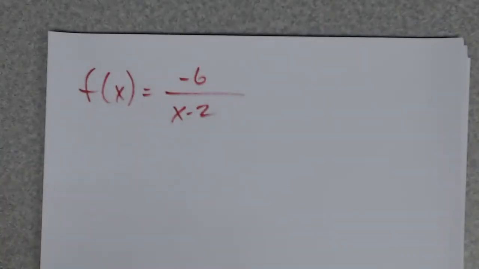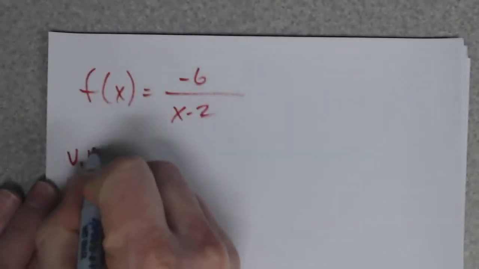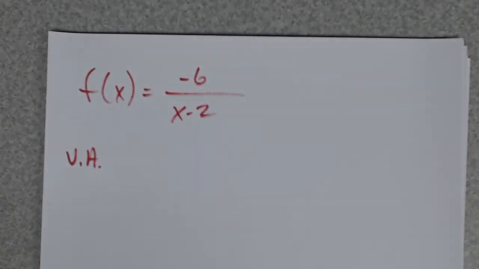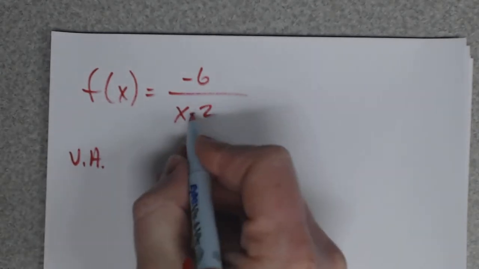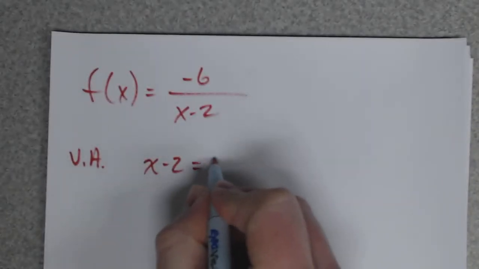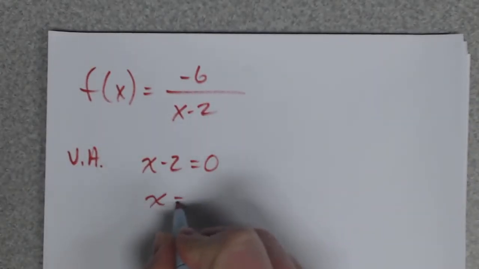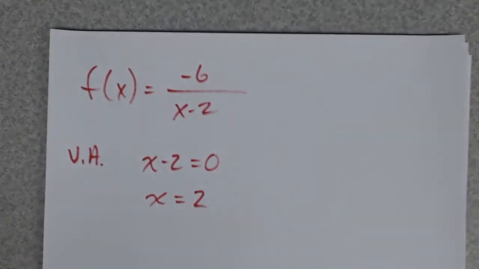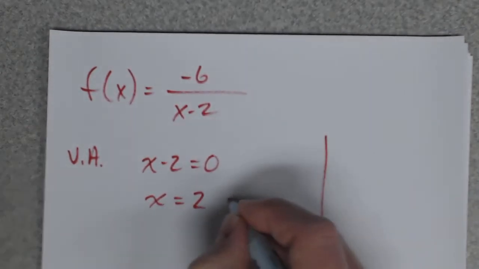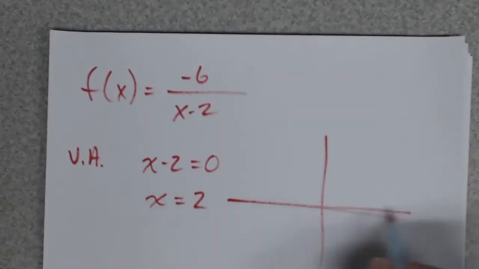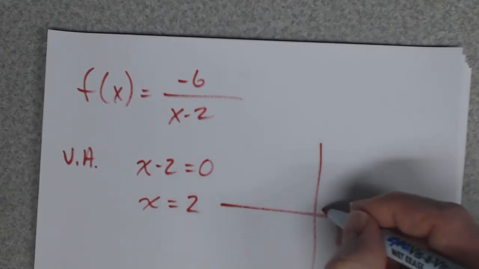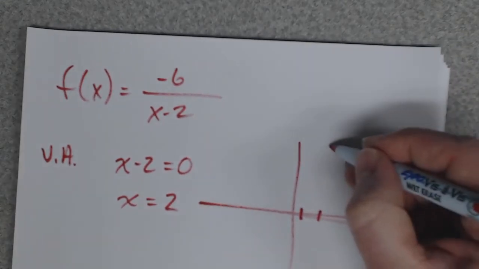If you want to find the vertical asymptote, the equation for the vertical asymptote, well, you're going to take the bottom and set that equal to 0, and it will tell you x equals 2. That's not too bad, right? That's how you find a vertical asymptote. So right now, let me see if I can draw this out. I've got a vertical asymptote at x equals 2. There's 1 and 2.